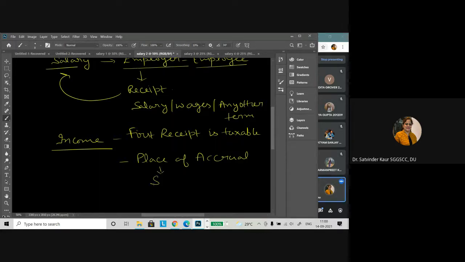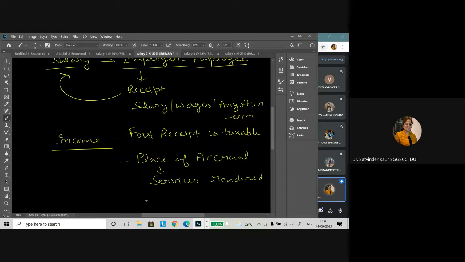And you must have learned, when we discussed residential status, deemed to accrue or arise in India. There we discussed one example, that a person who is receiving pension abroad, but the services have been rendered in India, such income will be considered as deemed to accrue or arise in India.